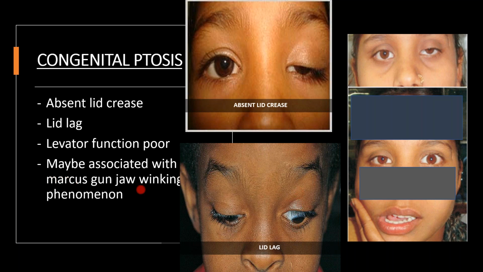Congenital ptosis may also be associated with the Marcus Gunn jaw-winking phenomenon. In this, when the patient is asked to open his jaw and move his jaw to the side opposite the ptosis, the ptotic eyelid will go higher, as in there will be retraction of that eyelid.